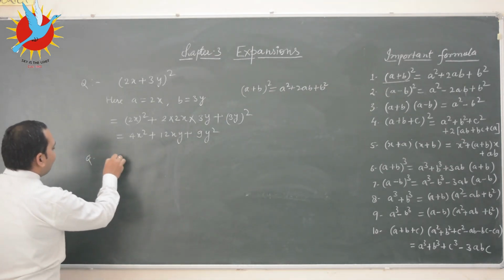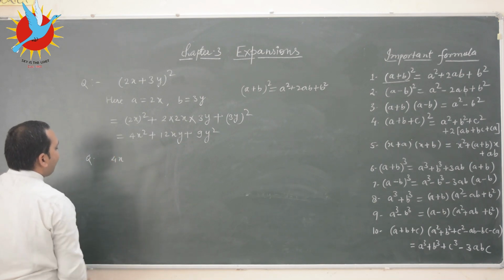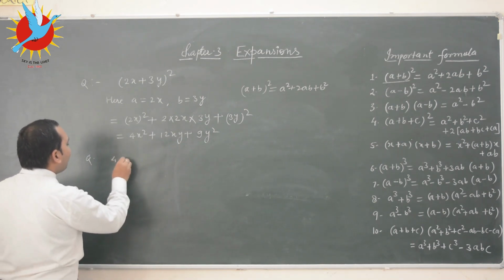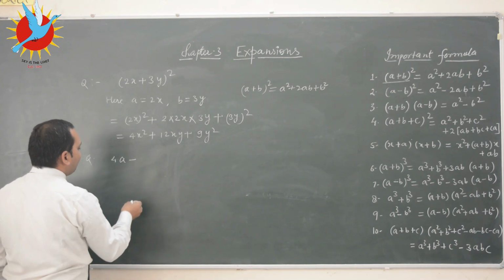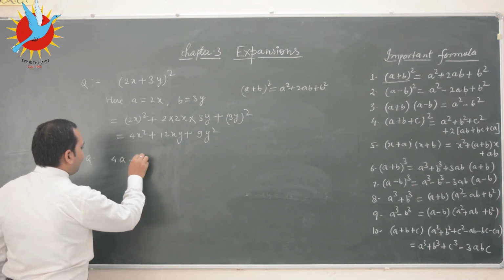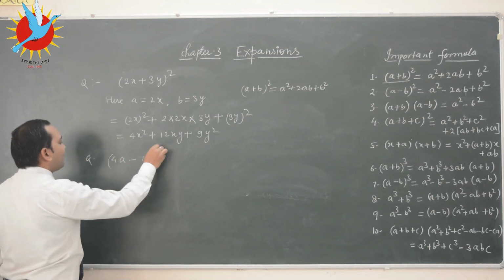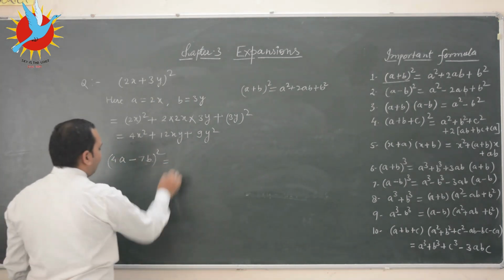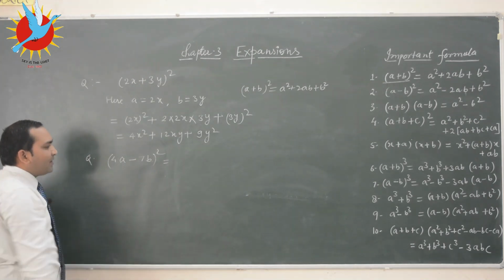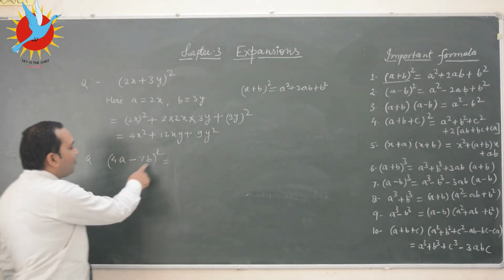Consider 4a minus 7b whole square. So which formula do we apply? A minus b whole square.